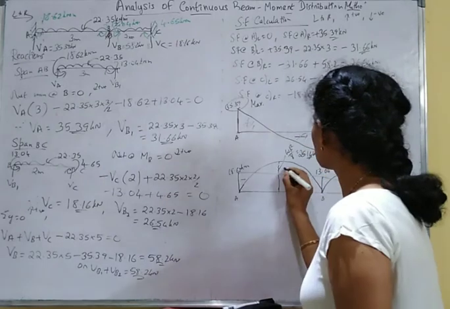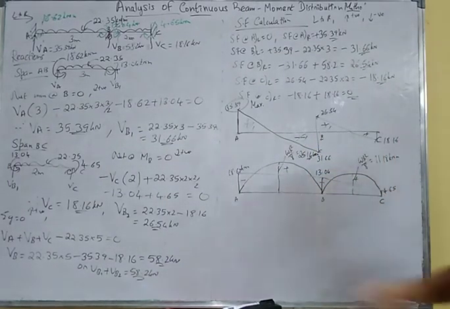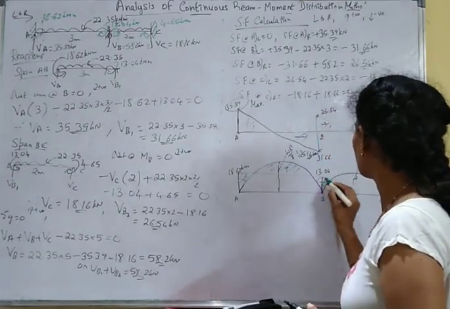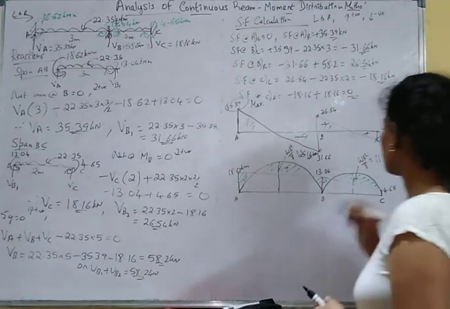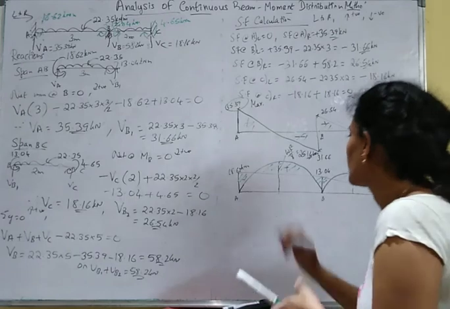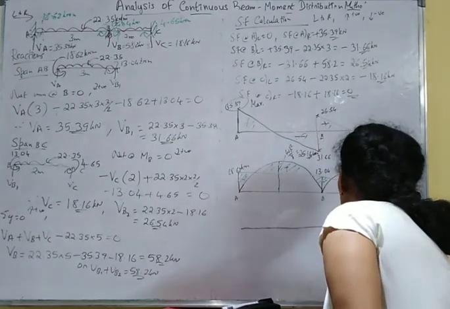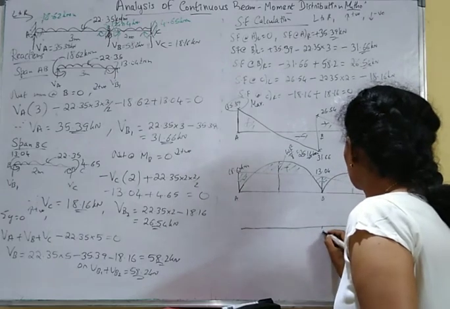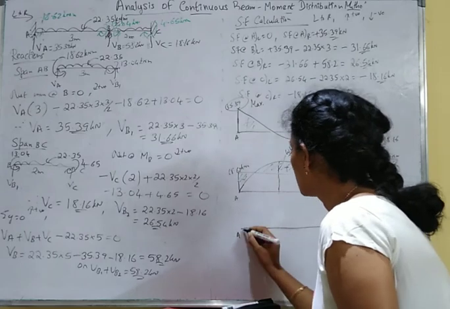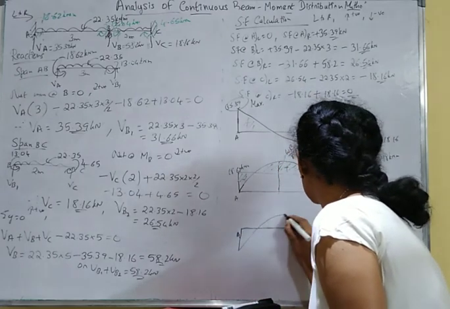Here minus, this is plus, minus, plus, minus. Okay, this is your bending moment region. Okay, that is nothing but, I'll show here. Here it is negative and here you have positive.